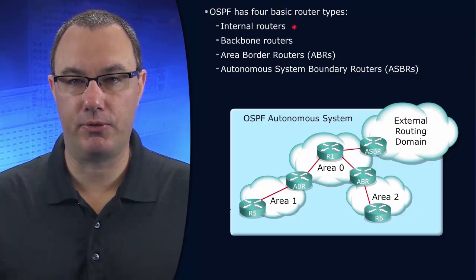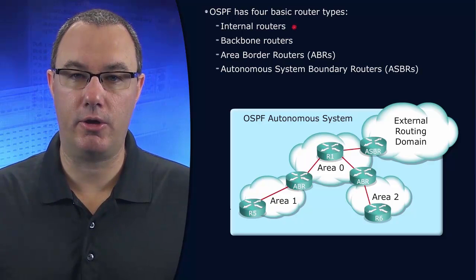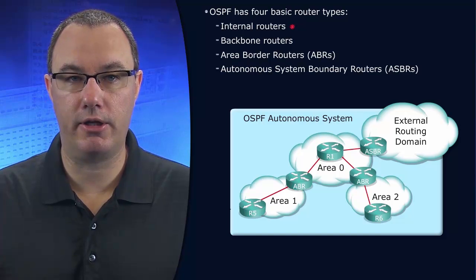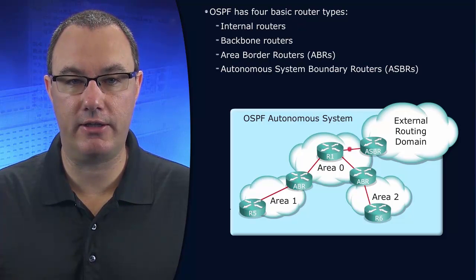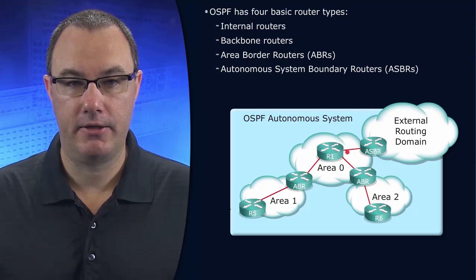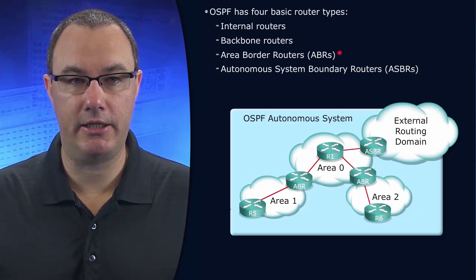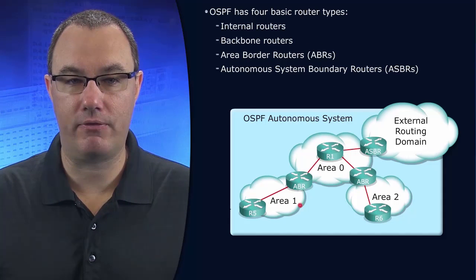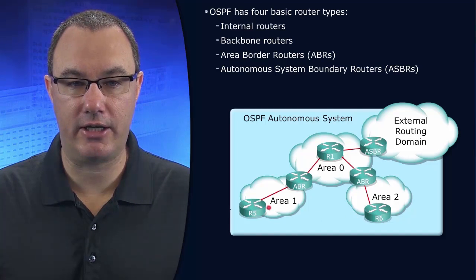The most basic router type of all in OSPF is an internal router. An internal router is one that has all of its interfaces in the same area. This means that it must not be an area border router. More on that later. But internal routers have all of their interfaces in the same area.